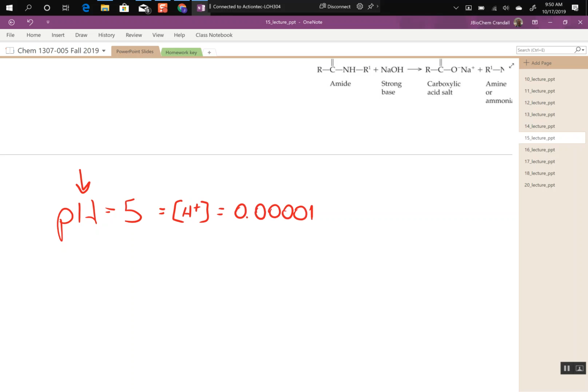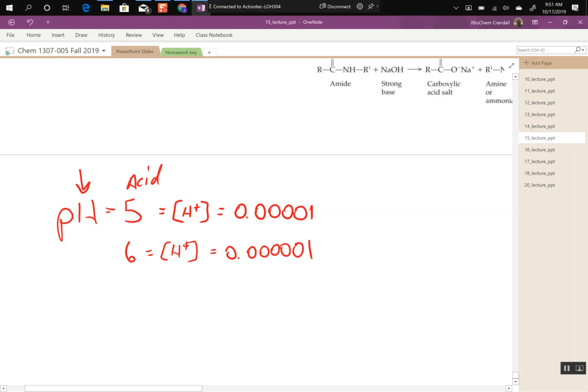Is a pH of 5 basic or acidic? It's acidic. This is an acid. If it's lower than 7, it's an acid. So if it was pH of 6, the H plus ion concentration would be equal to an even smaller number, right? But it's still acidic.